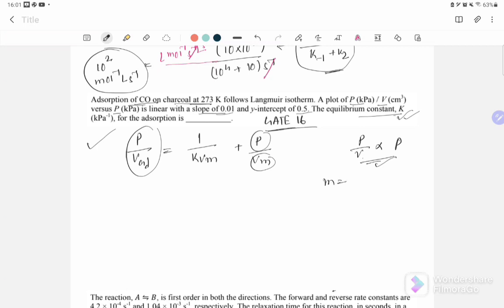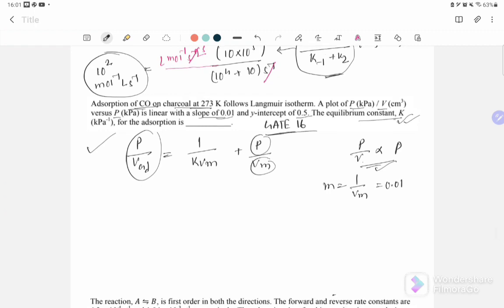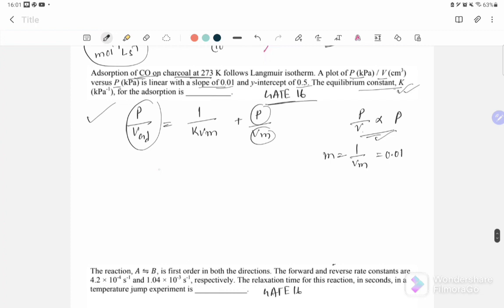So slope will be 1/Vm, that is 0.01. Intercept is 1/(K Vm), that is 0.5.